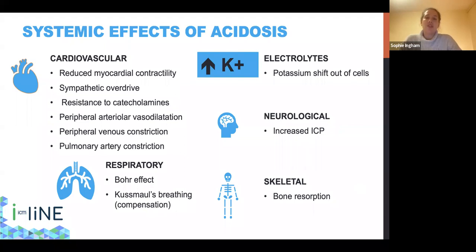This also means that it reduces the affinity of the hemoglobin for oxygen, so reduces the oxygen carrying capacity of the blood. Respiratory compensation can occur, and you may see something called Kussmaul's breathing, which I'm sure we all learned about in medical school, commonly associated with diabetic ketoacidosis. And from a neurological point of view, it causes arterial vasodilation within the brain, which causes increased intracranial pressure.